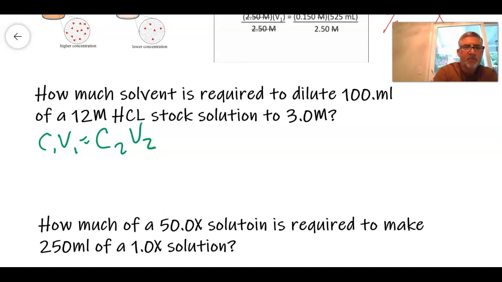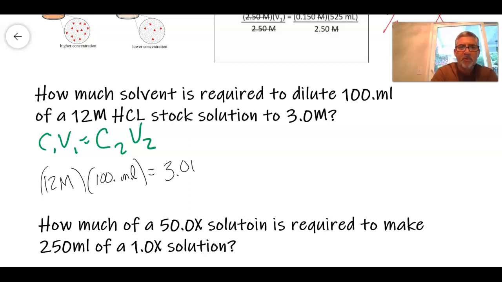So my concentration 1 is 12 molar, volume 1 is 100, C2 is 3.0 molar, times V2.